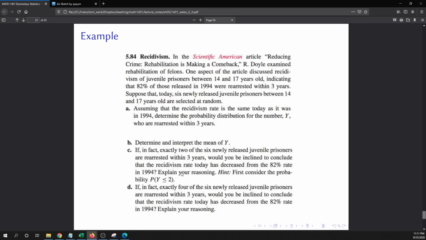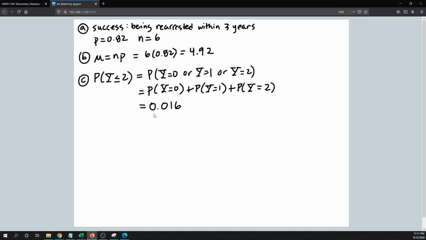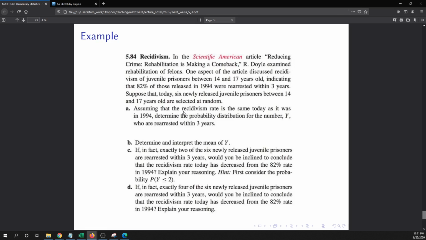So if you go out and do this experiment and you only get 2 people that were rearrested, then the probability of that event happening is 0.016. That is a pretty rare event if it is in fact true that the probability is 0.82. So we would say, hey, maybe it has changed, and maybe this data from 1994 is not accurate today, and that wouldn't be surprising at all if things had changed in that time.